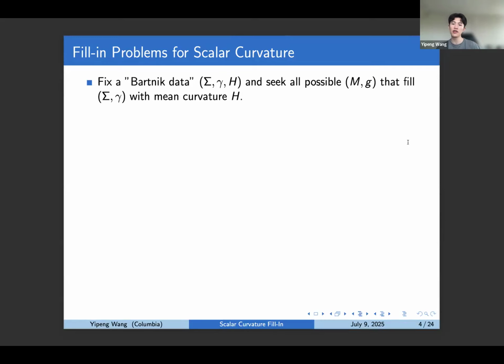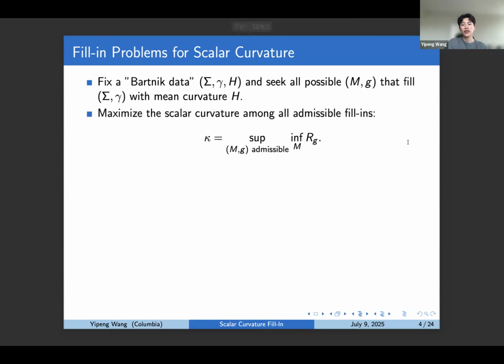So you look at every possible Riemannian manifold M, g that fills your boundary Sigma, with this mean curvature H. Okay, and then you look at the infimum of the scalar curvature.